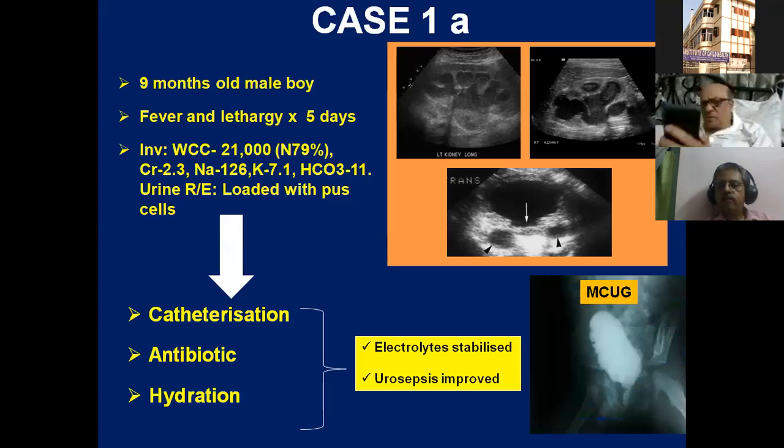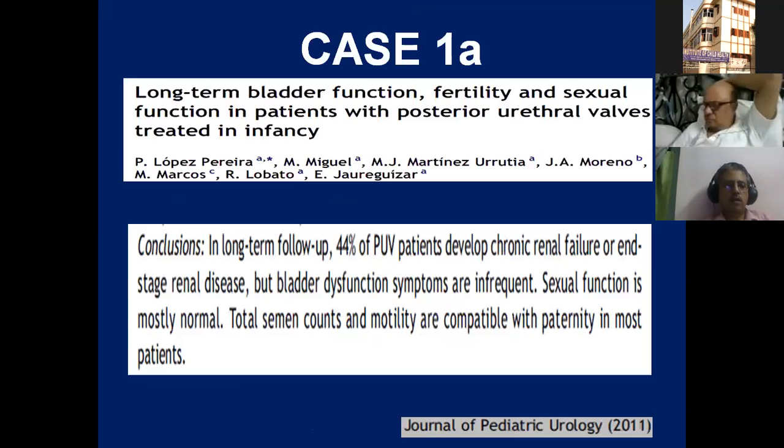And then we did an MCUG, which you can see was classical of a posterior urethral valve, and then this child got fulgurated.